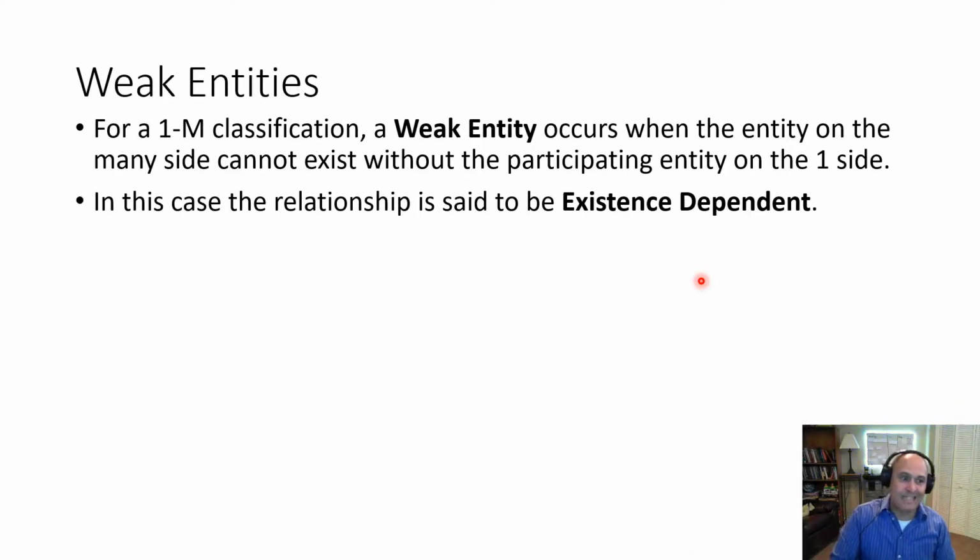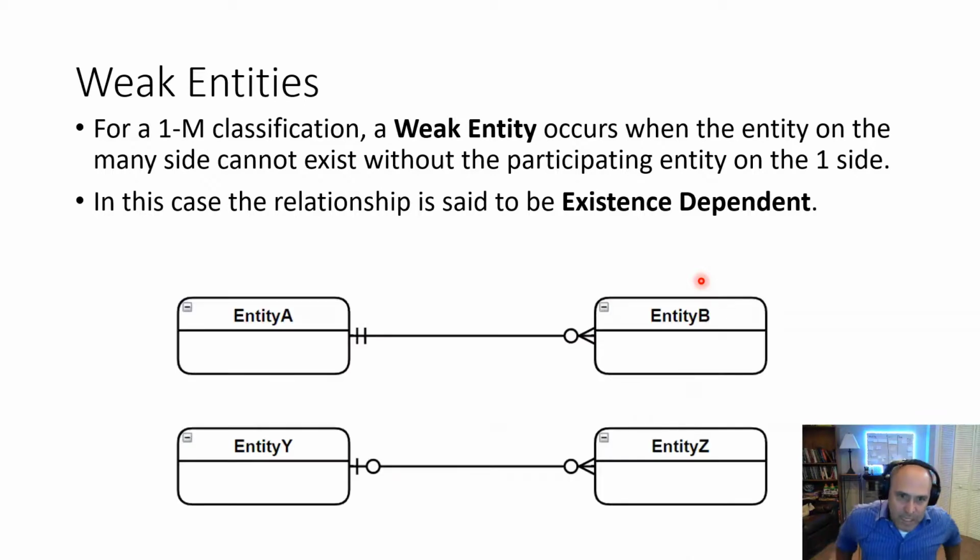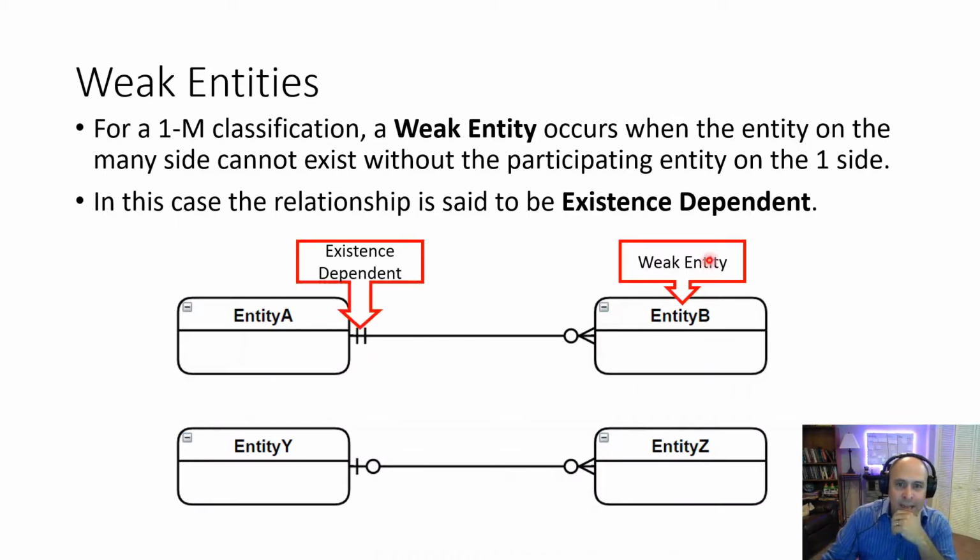One entity cannot exist without the other. So here's an example of 2 relationships. The first relationship at the top between entities A and B is an example of a weak entity and an existence dependence relationship. And here's how you know that. This one and only one on the other side of entity A says that entity B is weak.